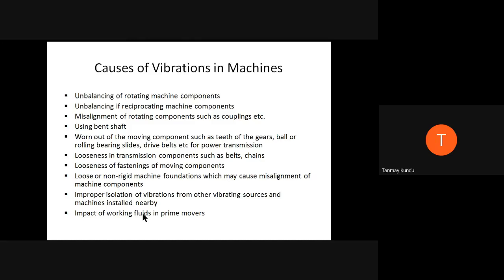But if the working fluid is not capable enough, or does not have the property to cater to all those needs, then the disadvantage of using those working fluids will create some impact on the prime mover's performance, and as a result the vibration will start. So these are the main causes of vibrations in machines.